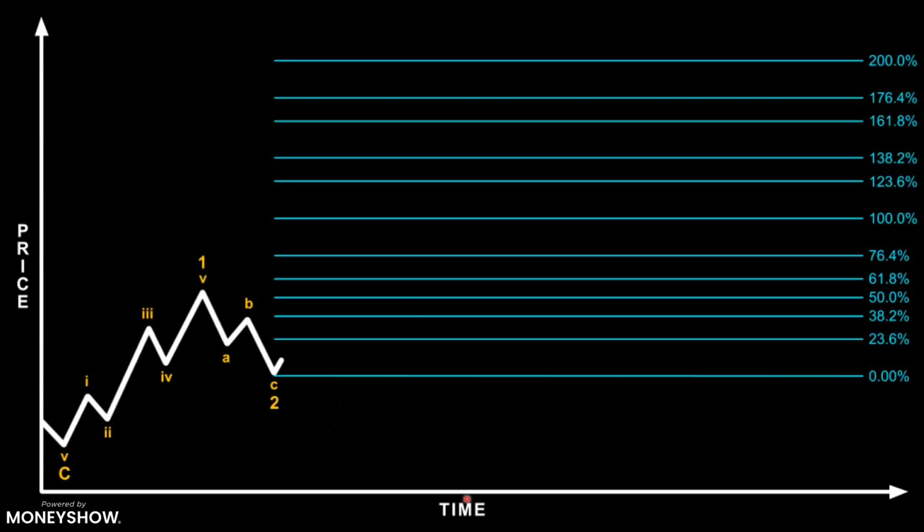That's what we have here in our blue Fibonacci expansion tool. It's just the measure of wave 1 projected off of that possible low for wave 2. We can see our 100% measured move takes us up to here, then the 123.6, the 138.2, 161.8, and so forth.